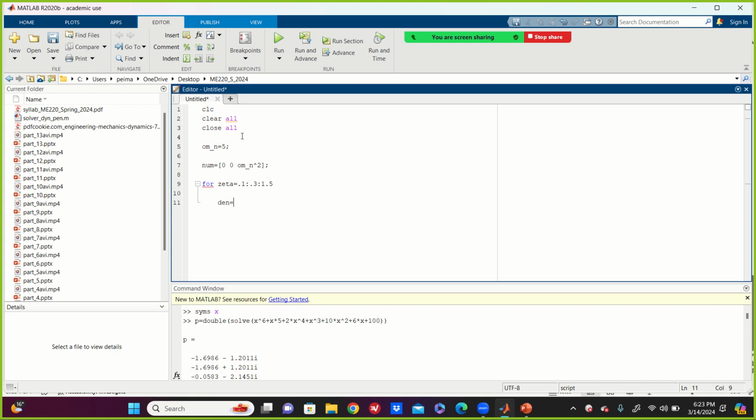So then the denominator is gonna be 1, 2 zeta omega n, and omega n square.